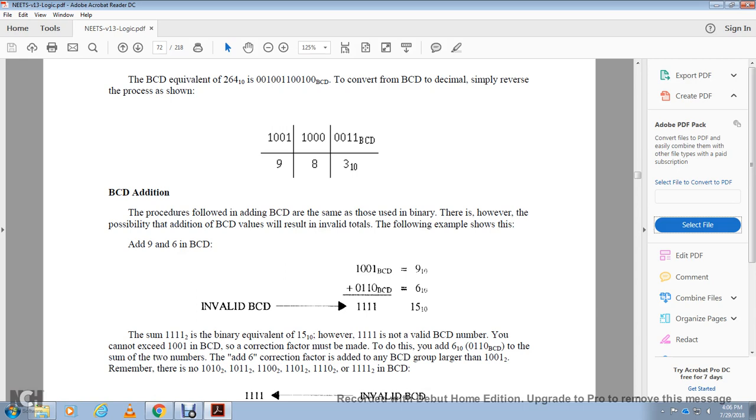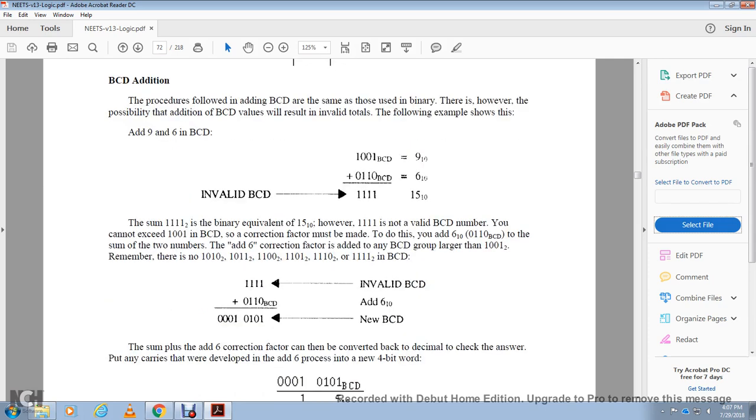To do this, you add 6, or 0110 in BCD, to the sum of the two numbers. Add the correction factor whenever a BCD digit is greater than 1001.